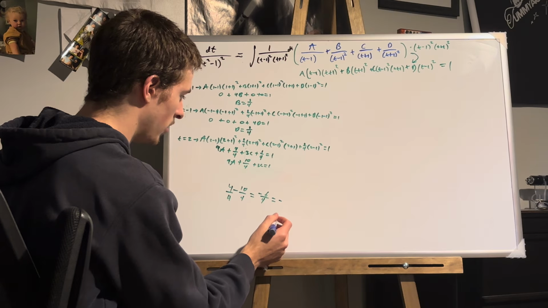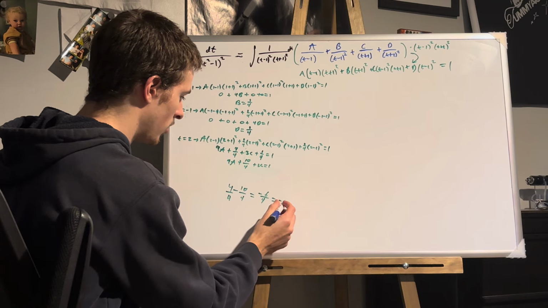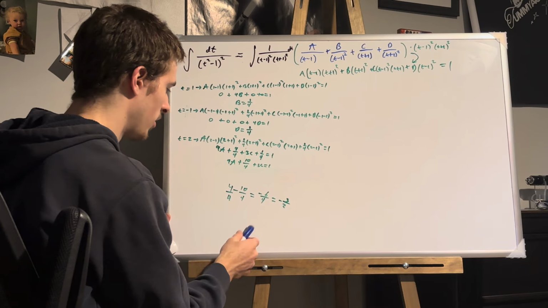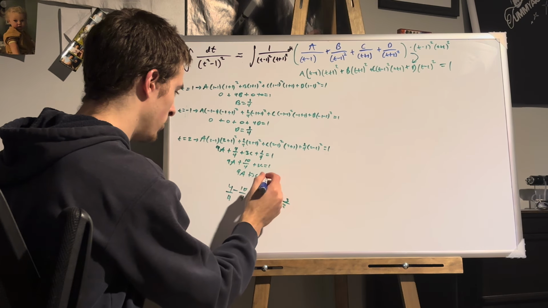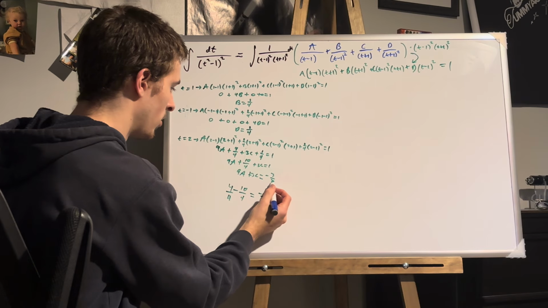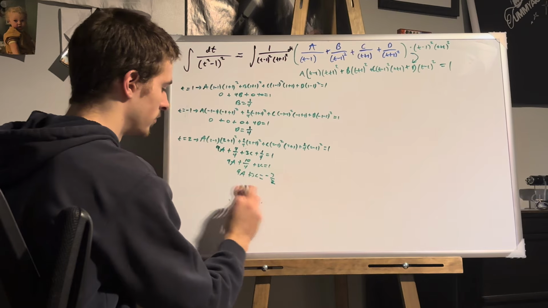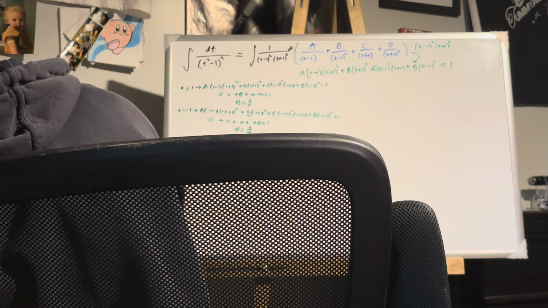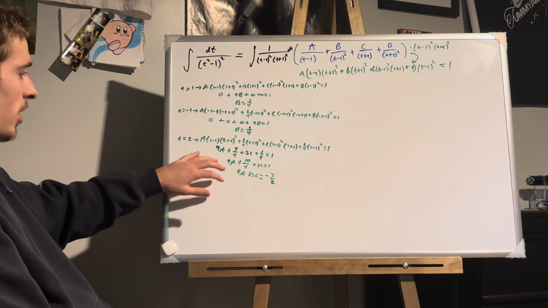That is going to be equal to negative 3 over 2. Okay? And that's why 9a plus 3c is going to equal negative 3 over 2. All right. So we got one equation relating A and C.